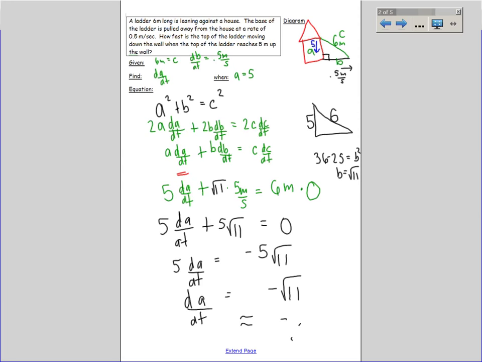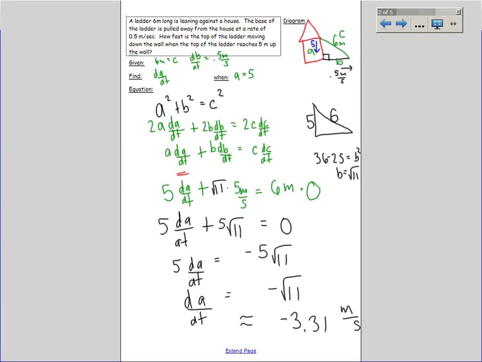negative 3.31. Now, it's negative. And hopefully that should make some sense.